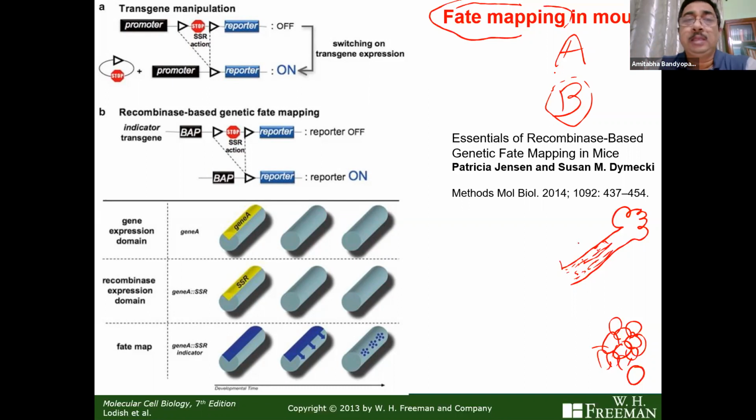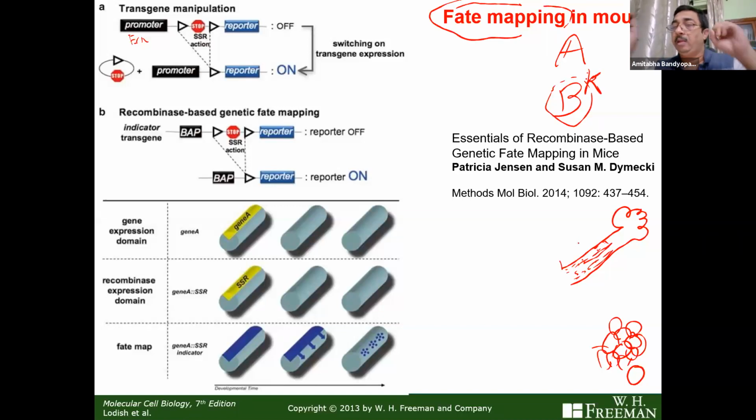You will take a mouse strain where the genetic construct will be something like this. It is not a promoter, it is a promoter enhancer. This promoter enhancer will be specific for the cell type, whether it is A or B. Say you are testing whether B is the cell type which gives rise to muscle, and you know that there is this gene K which is only expressed in B cells.